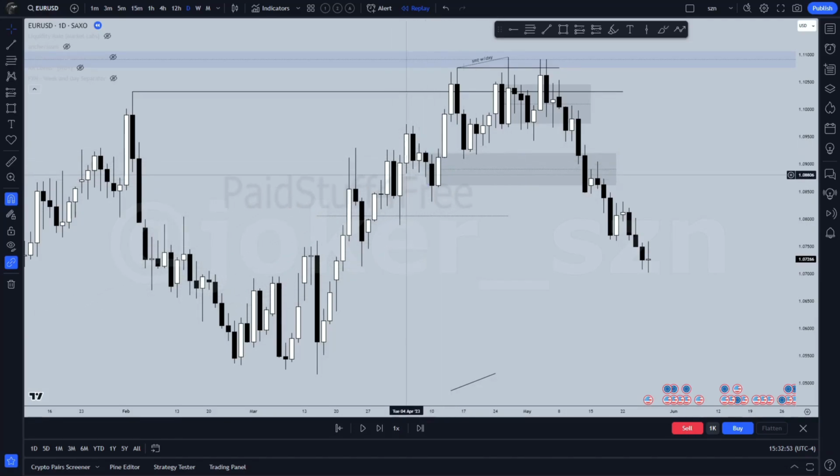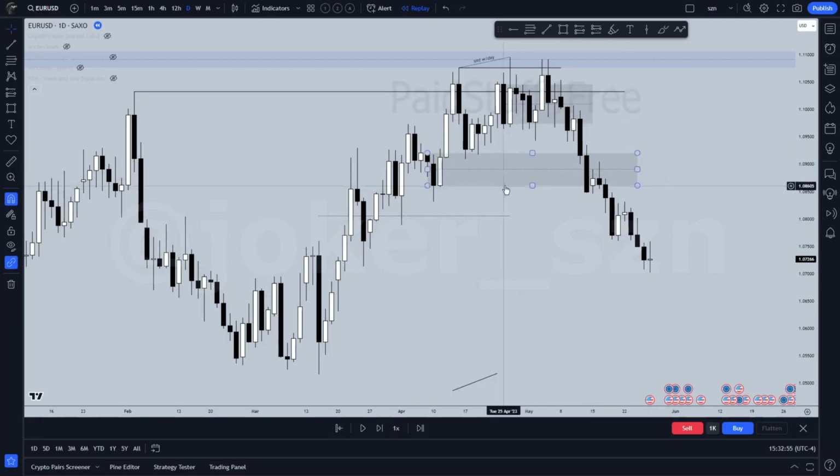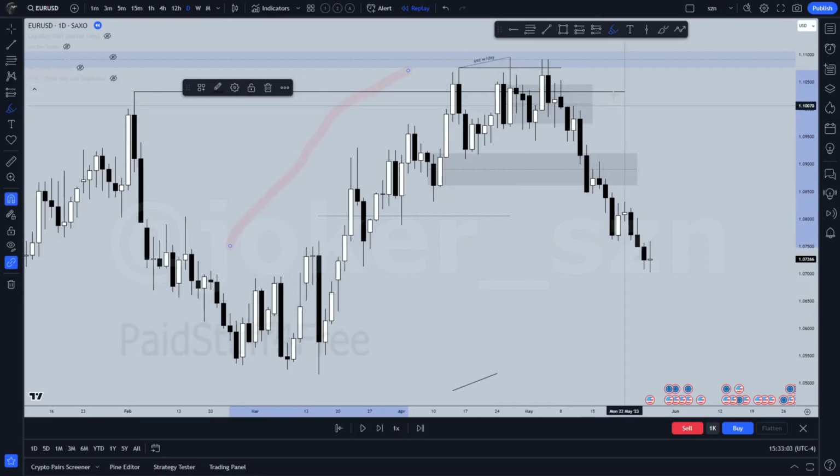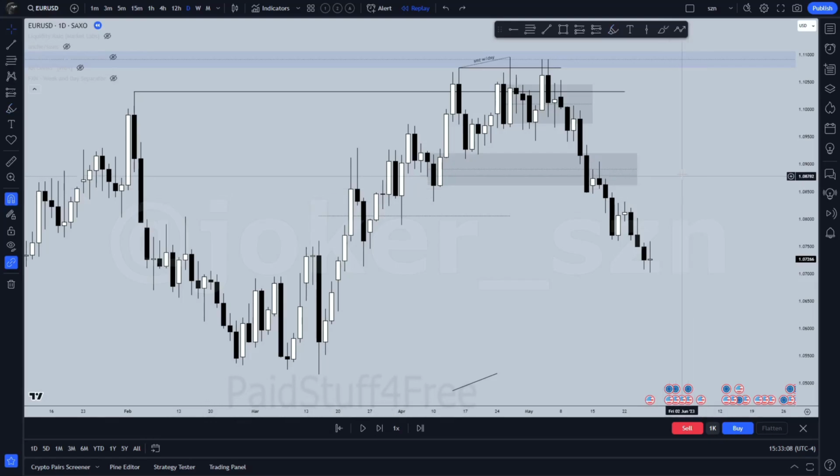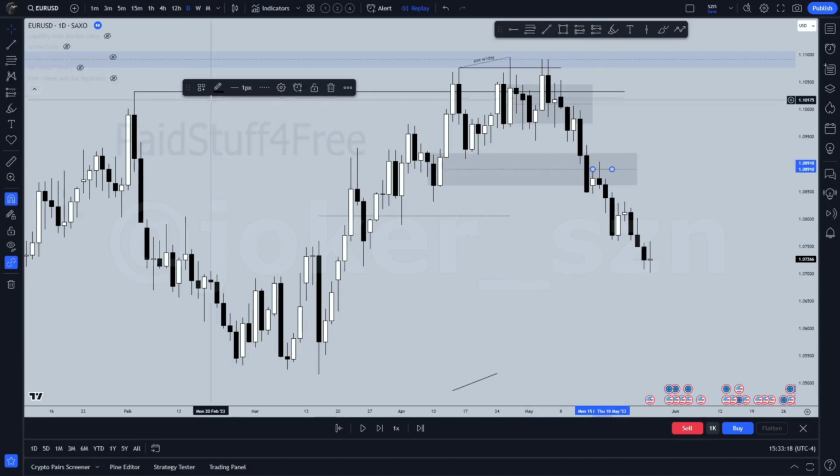So we have a breaker block here, and if we look on the sell side now of this curve, we have the buy side here. All of this is the buy side, and this is the sell side, right? So we have this inversion level, which is the breaker block, and now we also have on the sell side a fair value gap right here.